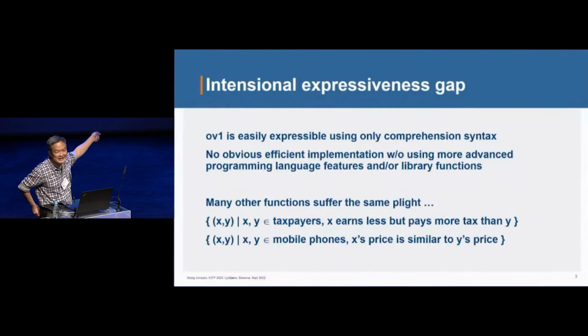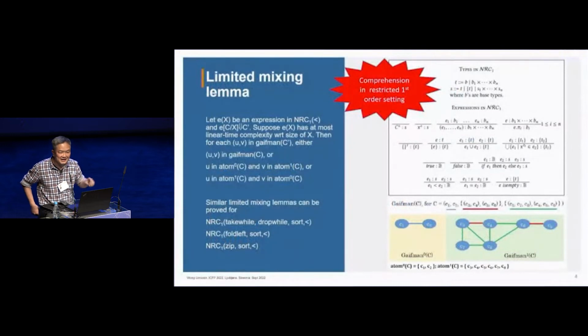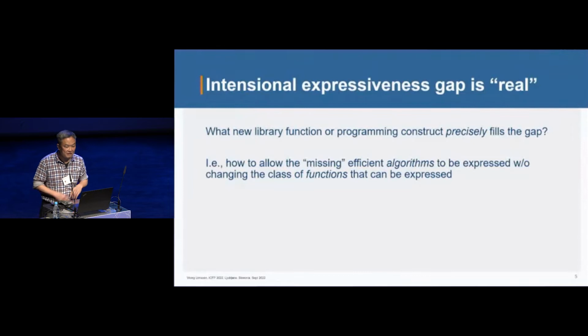Because x and y will be level 1 atoms in the input list, and you cannot put the x and y together in the output. So this function is not definable efficiently in linear time. Okay, so I have just given you a very quick proof that this intensional expressive power gap is real. There are things that you can define in comprehension syntax, but you cannot define efficiently.